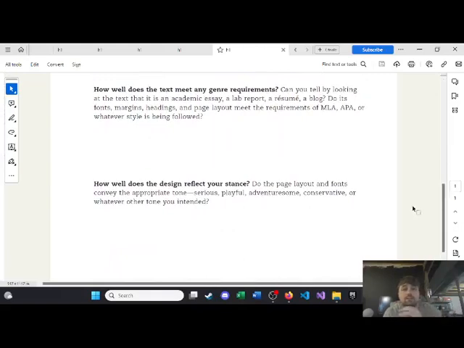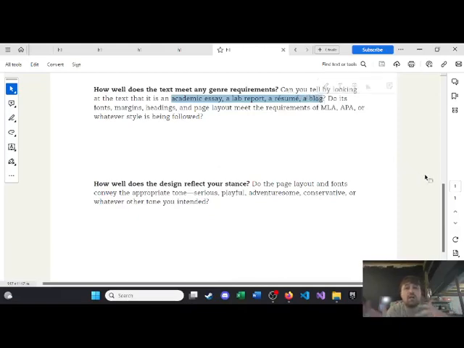How well does the text meet my genre requirements? Okay, remember a genre, that's the form of the writing that you're trying to create. So ask yourself, what kind of genre are you creating? So here's a few types of genres: an academic essay, a lab report, a resume, or a blog.